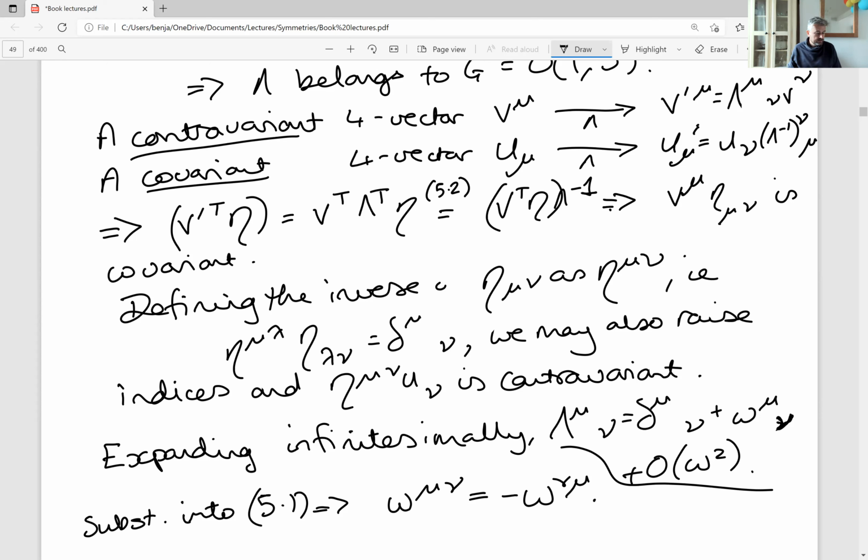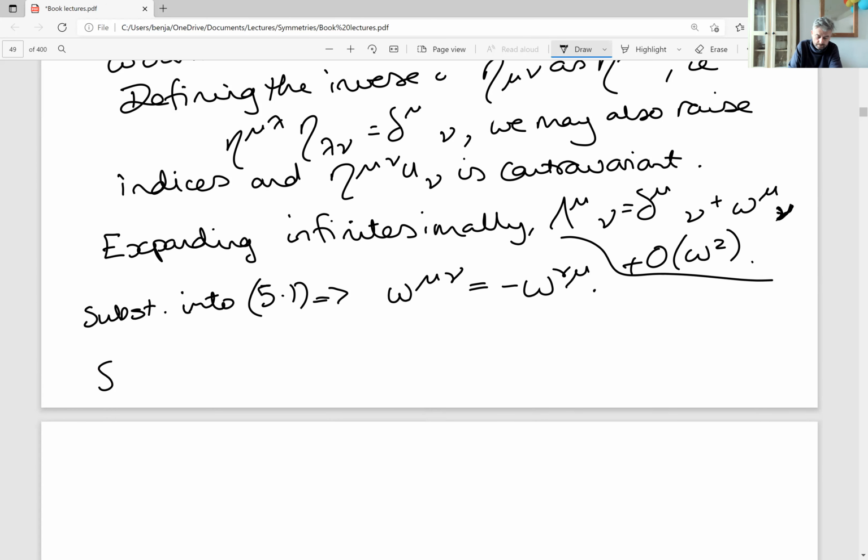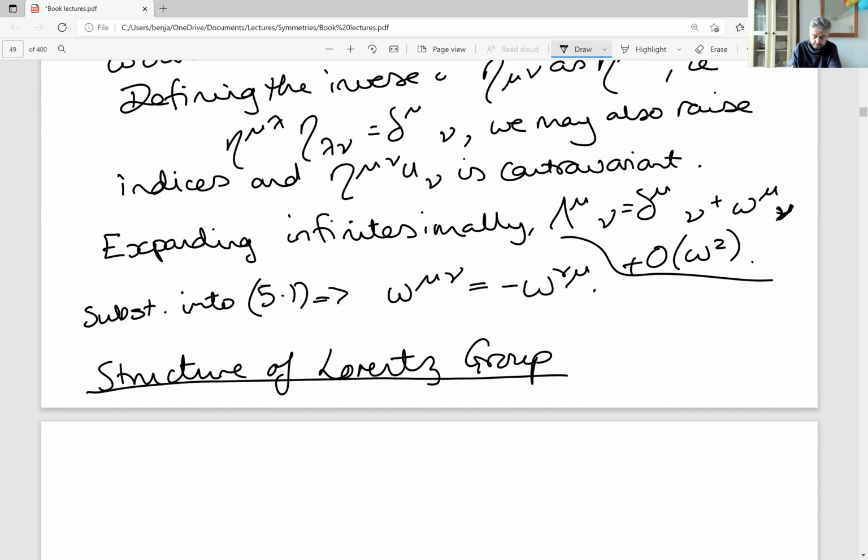All right, so let's just discuss the structure of the Lorentz group now, because I've been a bit fast with just assuming lambda is close to the identity. In fact, there are some Lorentz transformations which aren't.